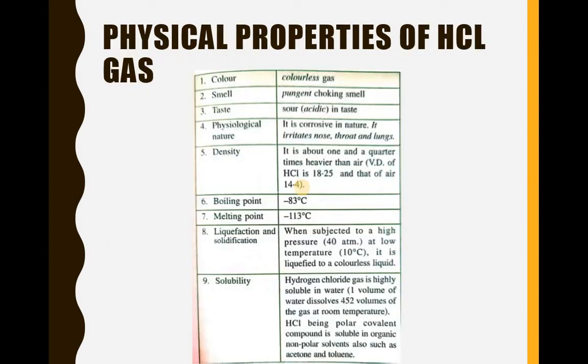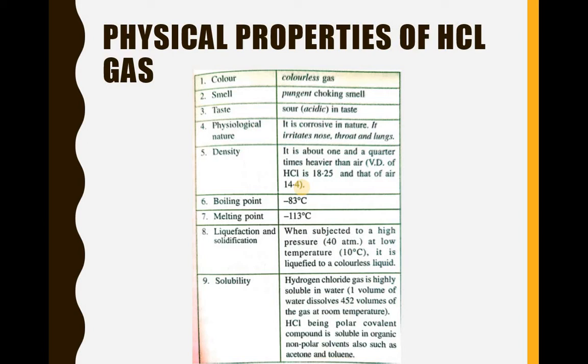Now come to the physical properties of hydrogen chloride gas. It is colorless, with a pungent choking smell, sour or acidic taste, and corrosive in nature. It irritates the nose, throat and lungs. Its density is more than air; it is about 1.25 times heavier than air.